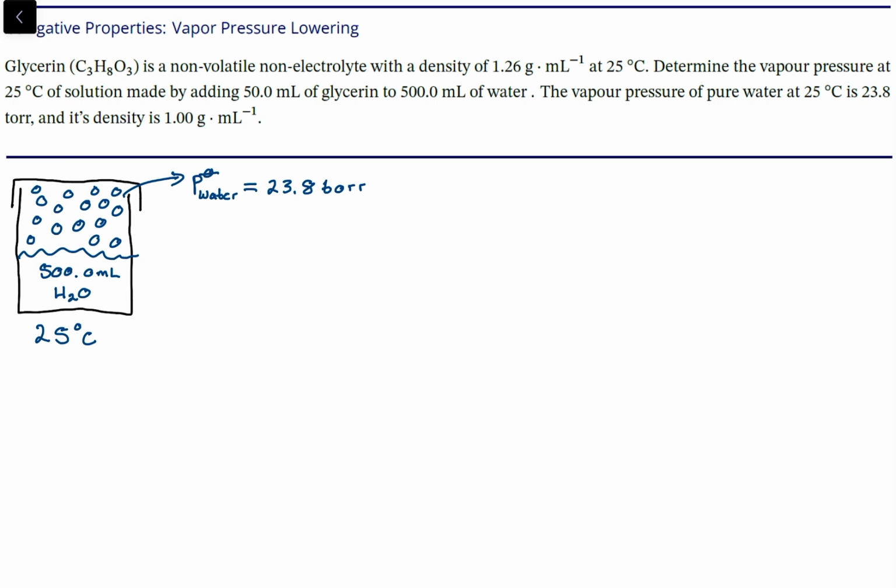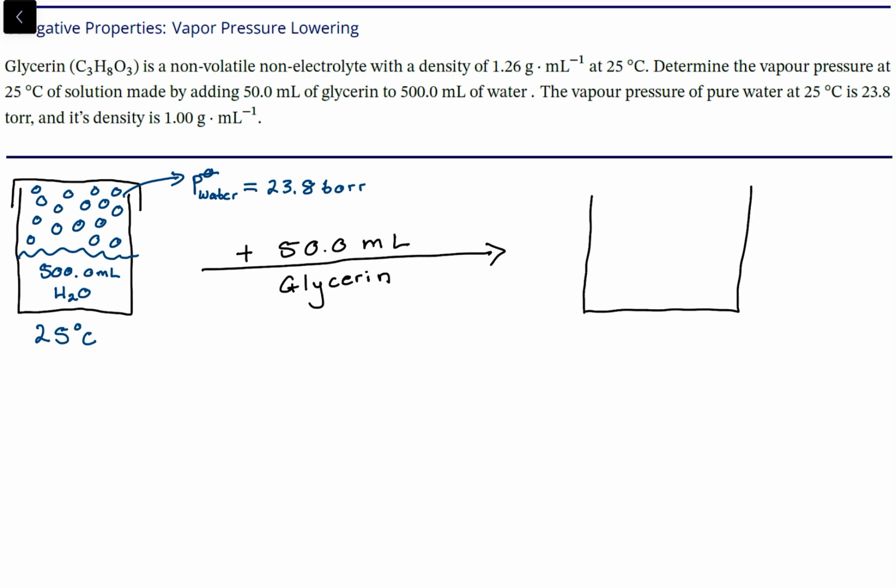Then what happens is we say, well, right, now we want to add 50 milliliters. So we add 50.0 milliliters of glycerin. And how does that affect our system? So we still have a little capped system, a little closed system.